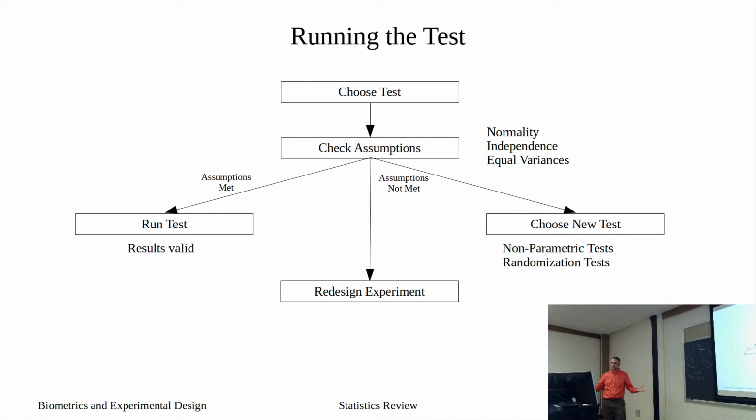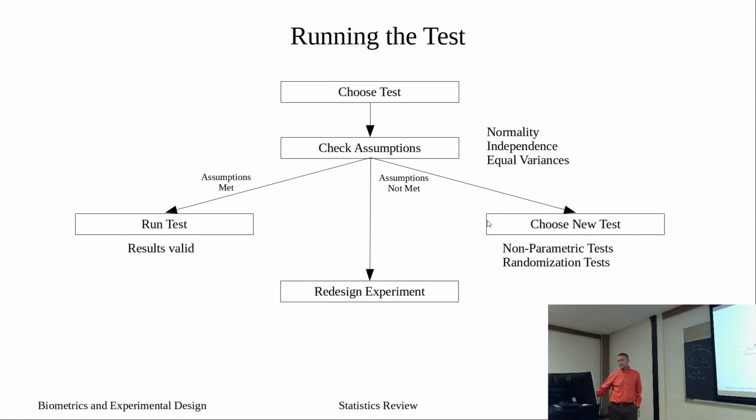What happens if we don't meet the assumptions? Well, you've got really two different choices. One is probably the one you don't want to hear, and that's go back to the drawing board. Redesign your experiment, rerun it. No one wants to hear that. That's why there's been a lot of effort to come up with alternatives, which is basically choose a new test. Do something that doesn't have those assumptions, or choose a test that is robust against that violation that you have.